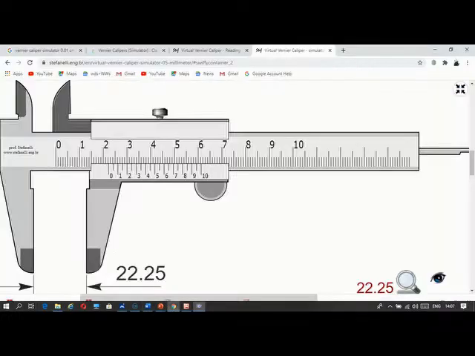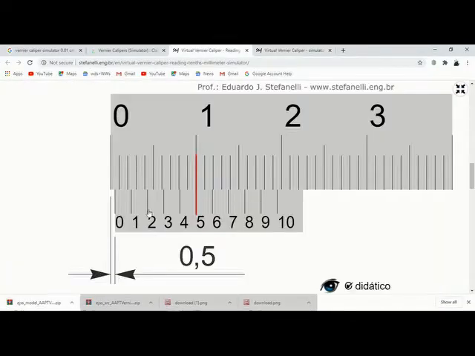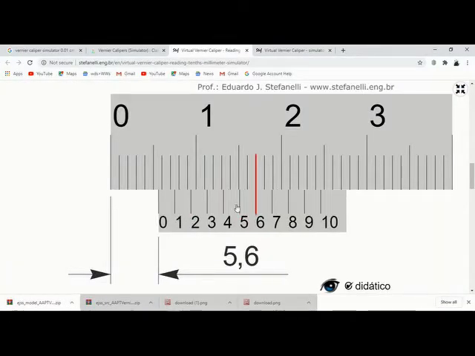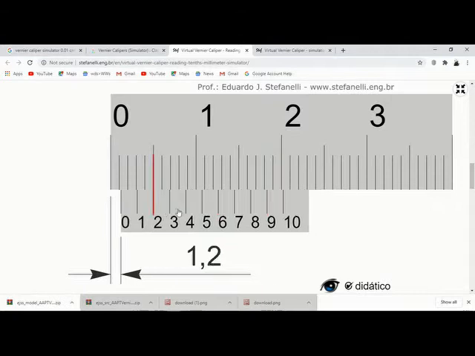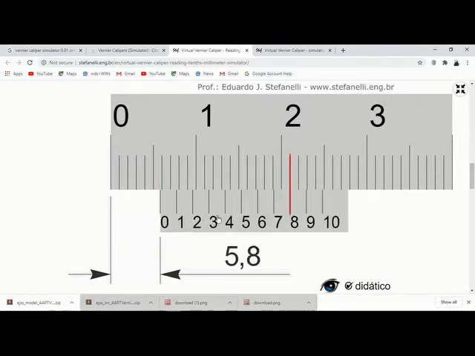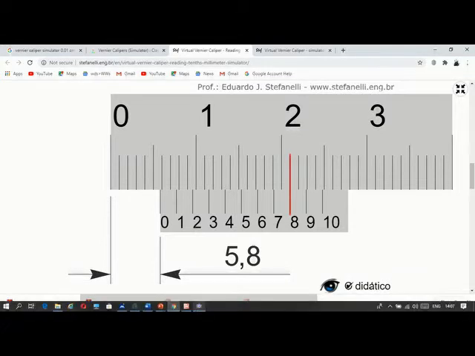See that? This has 10 divisions. The main scale is here, which is on the main frame. The vernier scale has up to 10 divisions. So as you slide, there is this scale here.